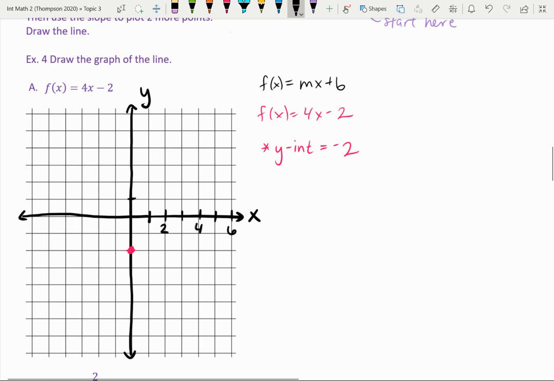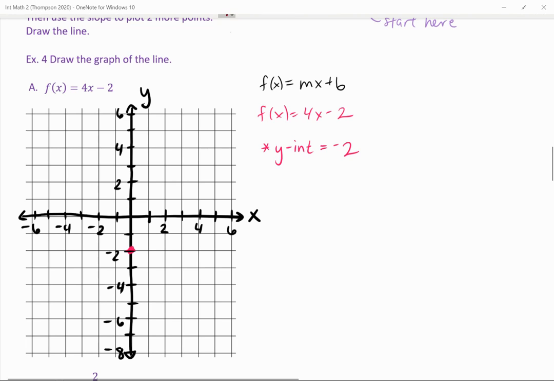I tend to only write a number on every second box, just because it's less crammed. And then I might go to the left also. Okay, so I've got my initial point at y equals negative 2, and then I need to do my slope.